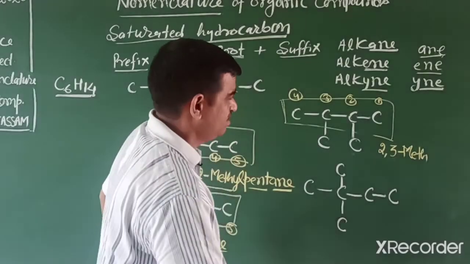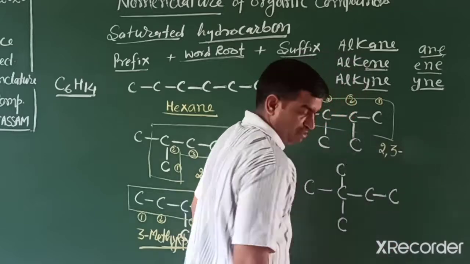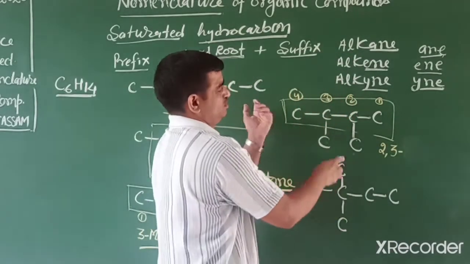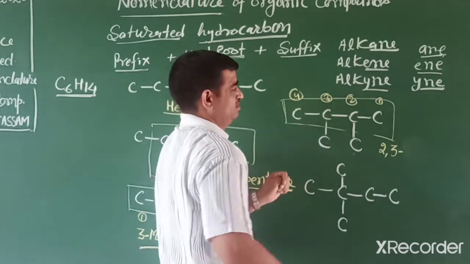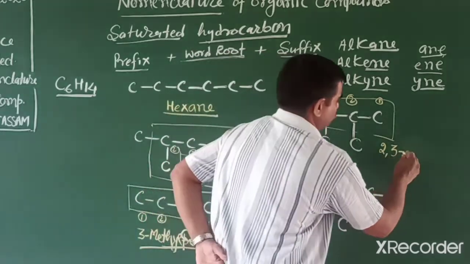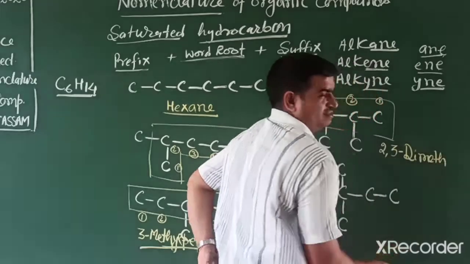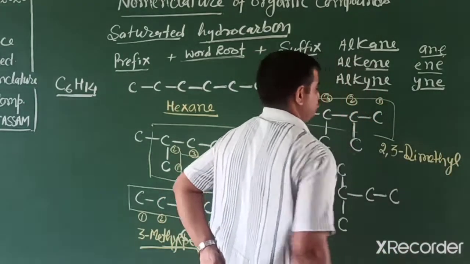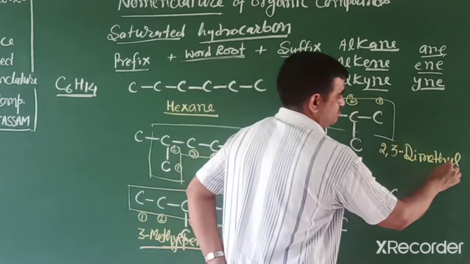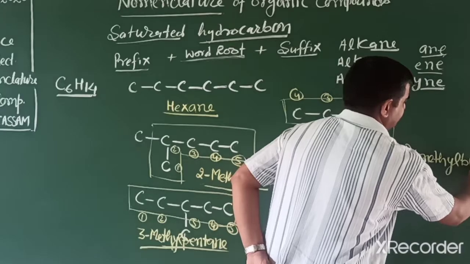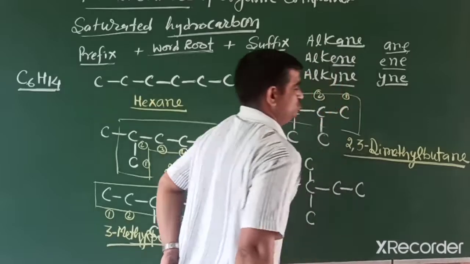Students, in this we have to write one more thing, because there are two of the same type. This is also meth, meaning 2 times methyl. So we have to write di. So 2, 3, di. What is di? METH. Then we write YL as suffix, 2,3-dimethyl, and then we write its word root but. Then suffix ane, meaning 2,3-dimethylbutane.